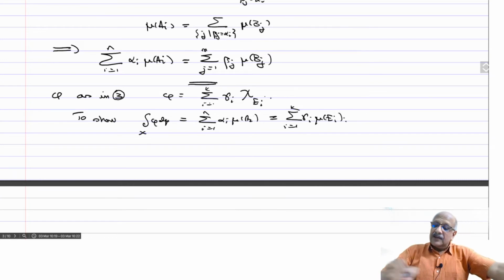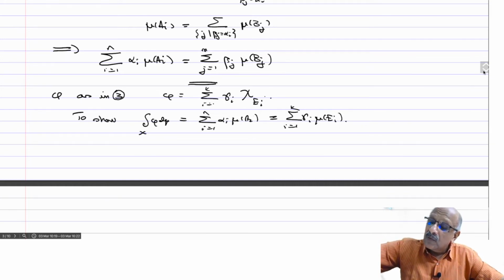So it doesn't matter which way you write the function, the integral is immediate to write once you are given a simple function. So this is the idea, and we have to prove this now.